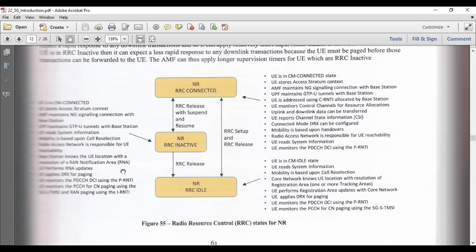Once in a while, when you change the RAN notification area, then you update. So that's how you benefit: fewer resources will be consumed, and you will have longer DRX cycles. You can sleep longer.